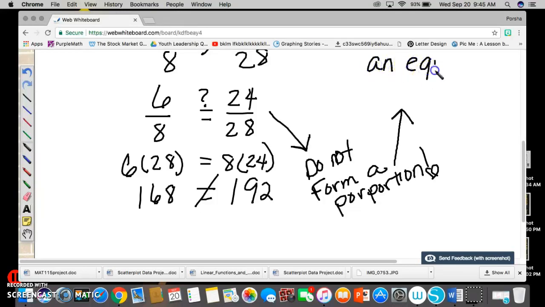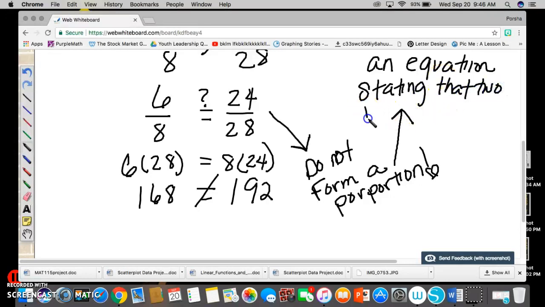An equation stating that two ratios are equal. Alright, so that's your definition for proportion. Up at the top, we have the definition for ratio. So let's go to our next example.